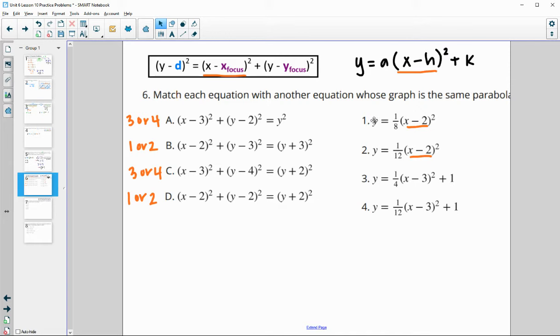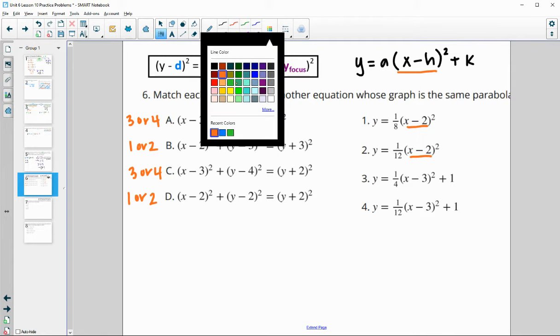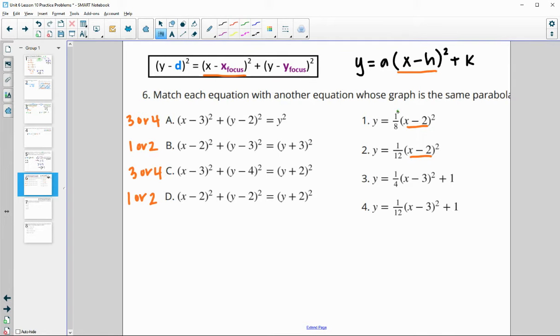So then if we take a look at some other things, this 1/8, the number out front here, is going to impact the width of the parabola. So the more you divide by, so this is divided by 8, the wider your parabola is going to be.